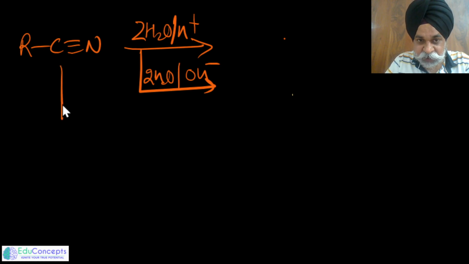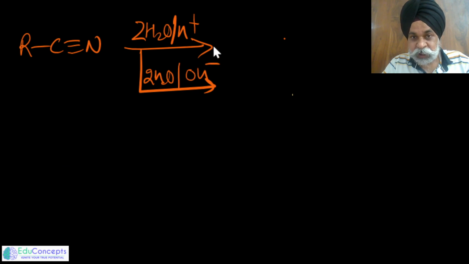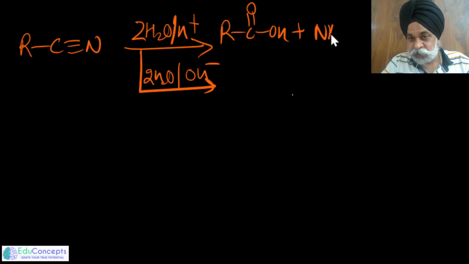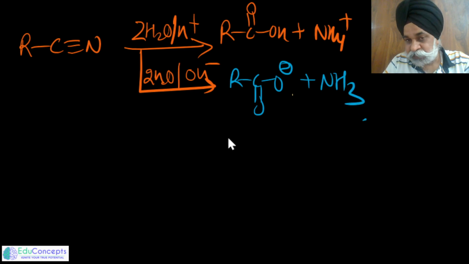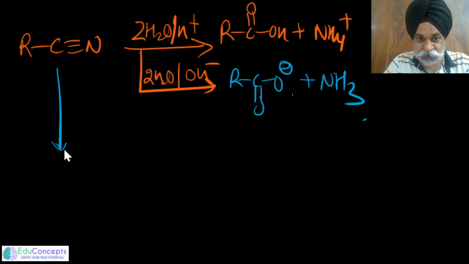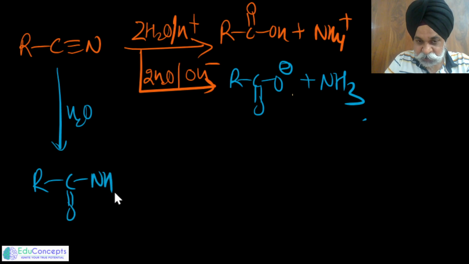If cyanide is being treated with 2 moles of water in the acidic medium, you end up getting carboxylic acid with ammonium salt, and if you are treating it with 2 moles of water in the basic medium, you would get the carboxylate ion, because in the basic medium it would remain as carboxylate along with the ammonia. So this always you have to remember. This is the case with complete hydrolysis, and if you just add 1 mole of water, then you would end up getting amide in this particular case. So this always you have to keep in mind.